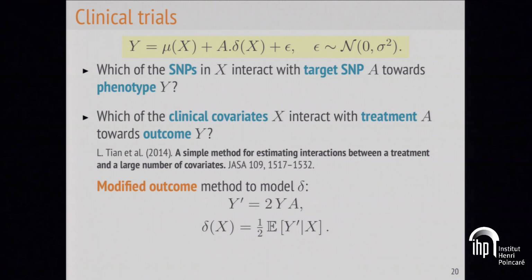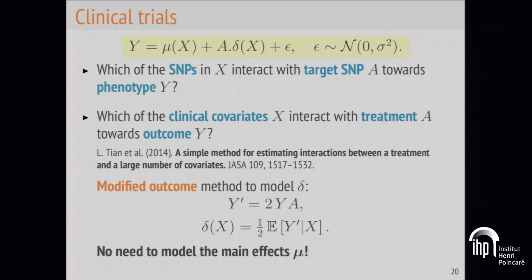And then they can model this relationship between y prime and x in a sparse way and find the answer to that question. And what's nice here is that once you have done this transformation, you have no need to model the main effects mu. So you're only evaluating the crossed effects here. So you gain some statistical power because you're not using any of your data to estimate mu.